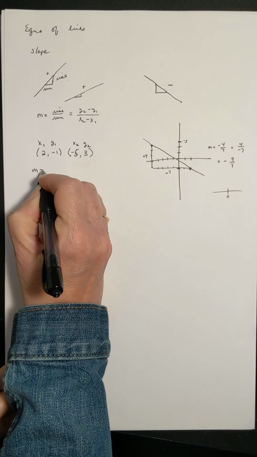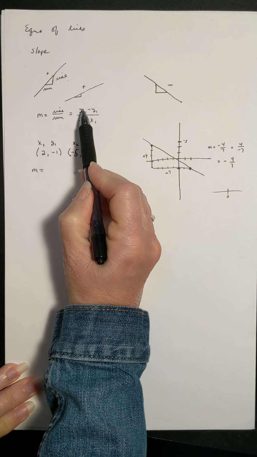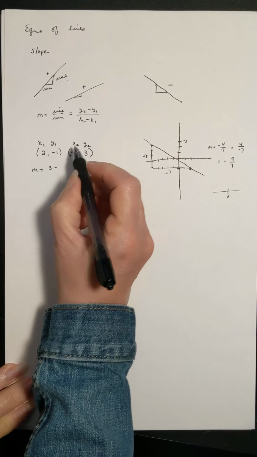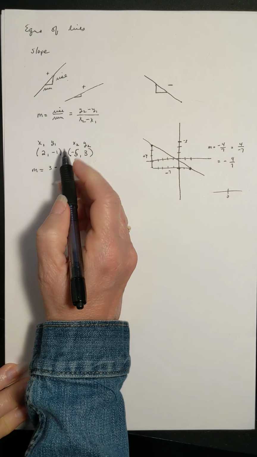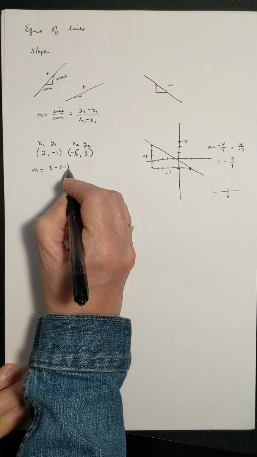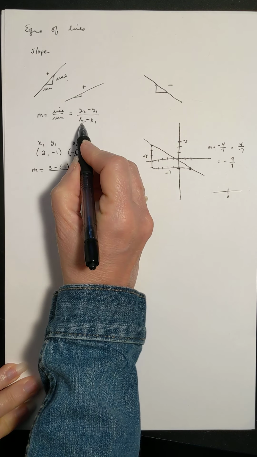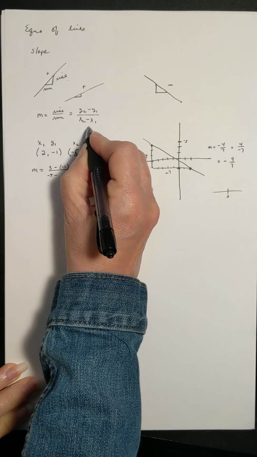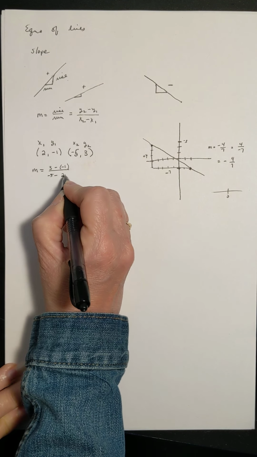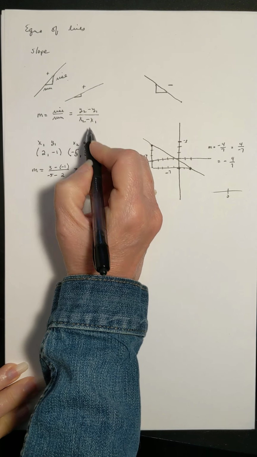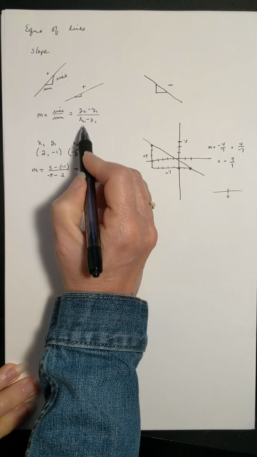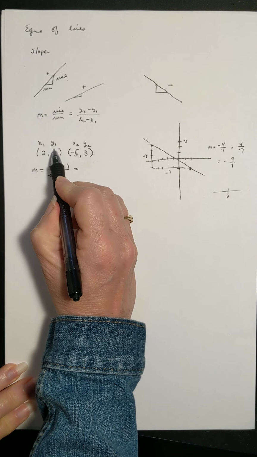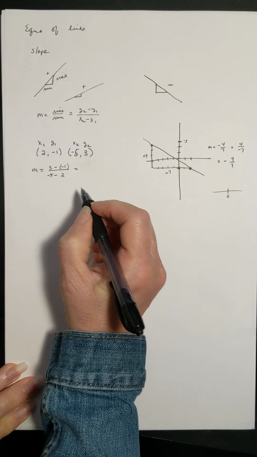So my slope is going to be y2, which is 3, minus y1, which is negative 1, over x2, which is negative 5, minus x1, which is 2. So all I'm doing is I'm taking these values and plugging the numbers in, y2, y1, x2, x1.